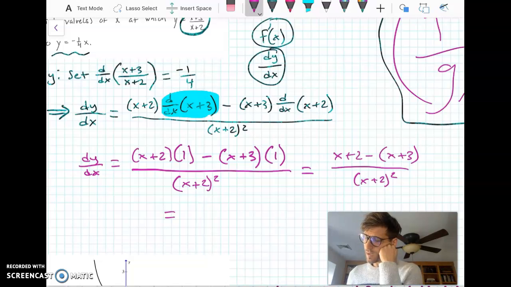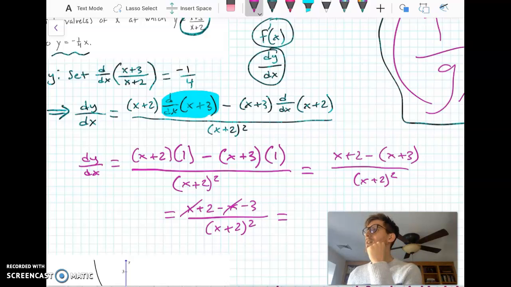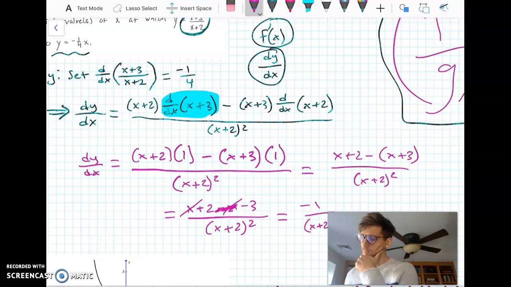So that would just be x. I know some of you are like, Mr. Tannen, why are you writing out all these steps? Well, good to be thorough. So the x's would cancel. I'll just get 2 minus 3, which is negative 1, over x plus 2 squared.